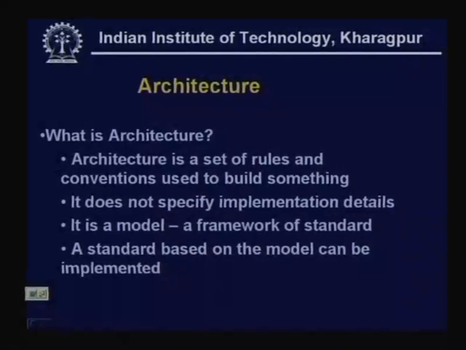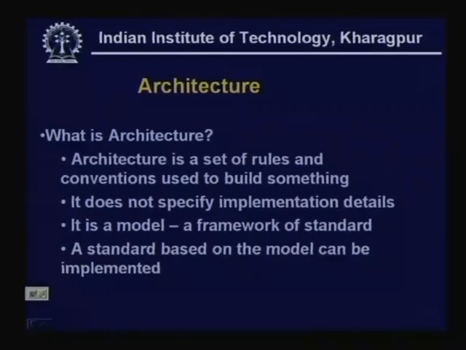For example, when we say Roman architecture or Gothic architecture, we usually refer to some stylistic pattern of a building. It does not say how it has been implemented, those details are not known. Essentially, it is a model, and the model can be considered as a framework of standard, and a standard based on the model.